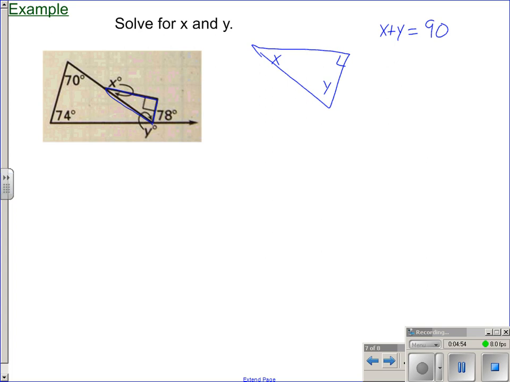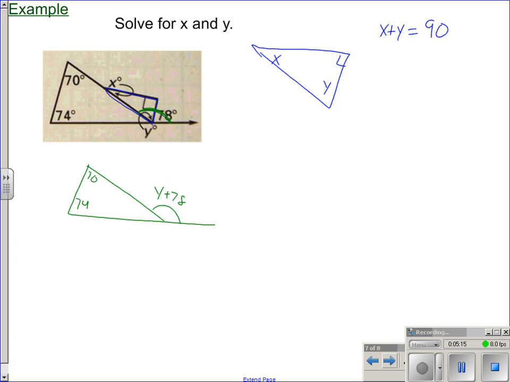So let's look at the other triangle, the bigger one. We know the 74, we know the 70. We know something about this exterior angle. It is the y plus the 78. This whole thing is that exterior angle.